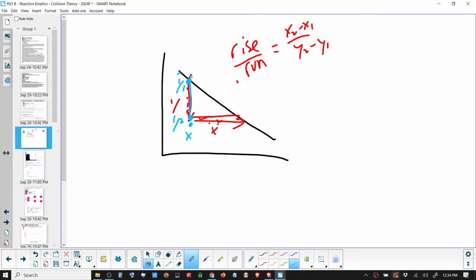So this is x1, and that is x2. When I go x2 minus x1, I will get a positive number, right? Because going this way, this is bigger. When I'm going down, this is smaller, and I'm going to go y2 minus y1. That's going to be a negative number. And then rise over run, I'm going to have a negative number over a positive number, so I'm going to get a negative number.